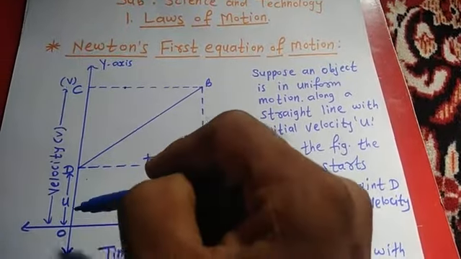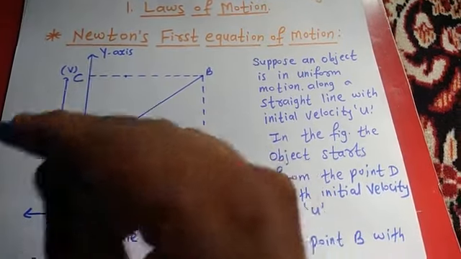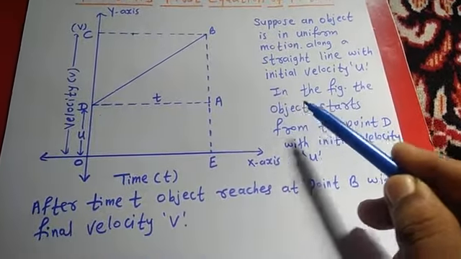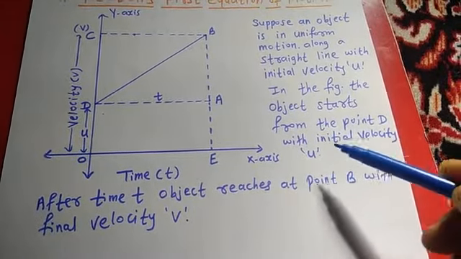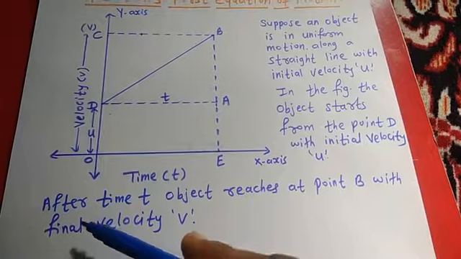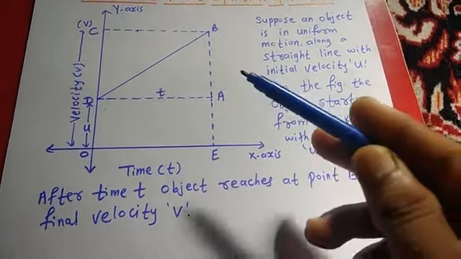Remember, u is the initial velocity and v is the final velocity of the object. See, in the figure, the object starts from the point D with initial velocity u. After time t, object reaches at point B with final velocity v.